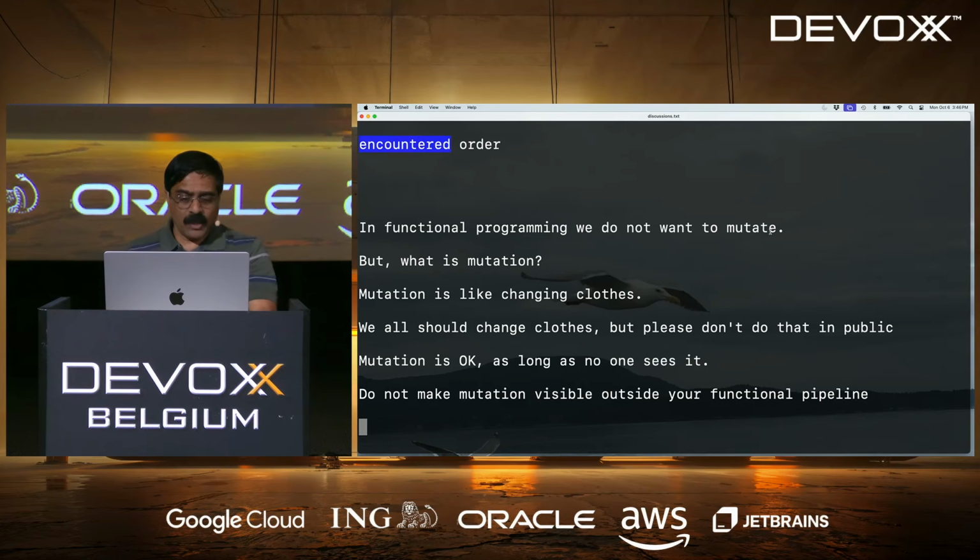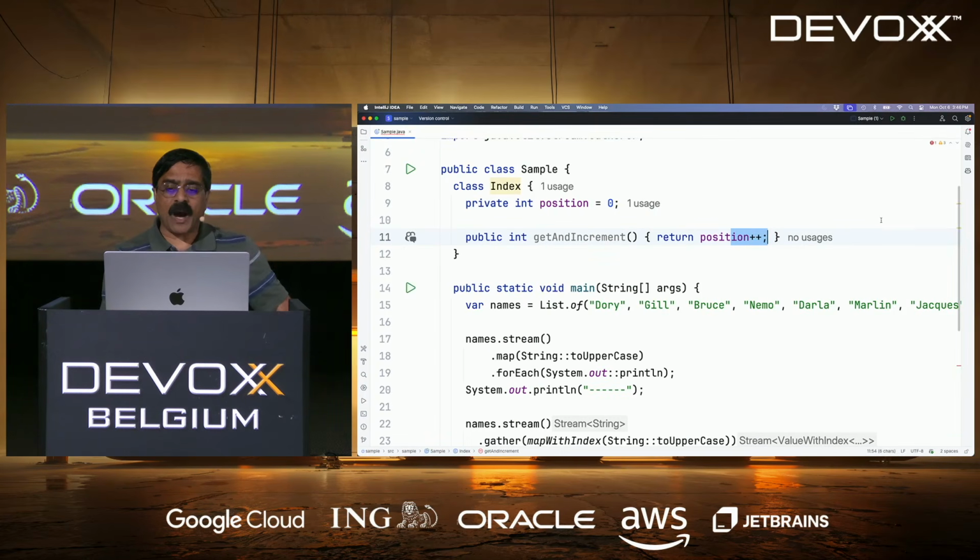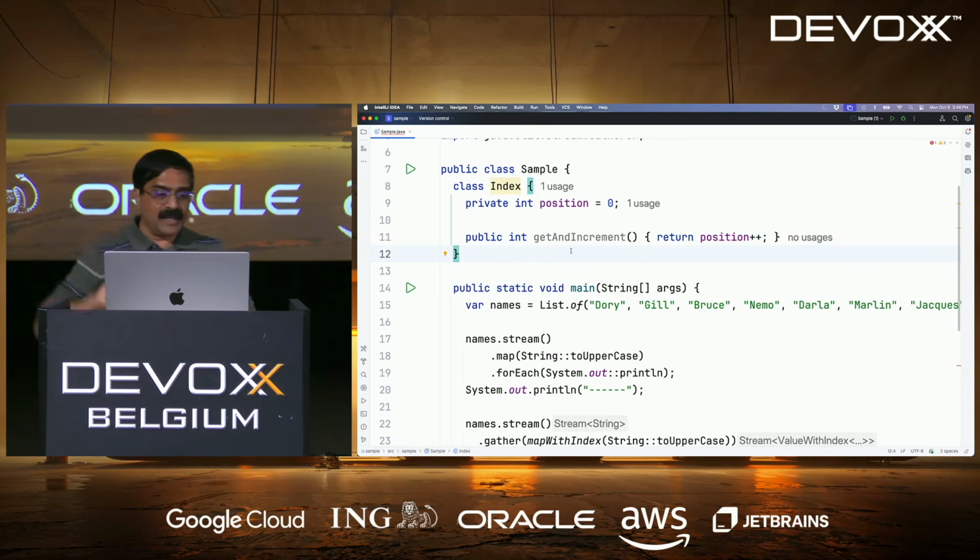That is the key. So when you look at this code, you say, oh my gosh, you're mutating it. Yes, but it's internal data. I'm not going to make this visible outside, right? That's the key. So in this case, we have the position, and we are incrementing the position, returning the value, and then incrementing it. But this is not something we just put out for visibility outside.